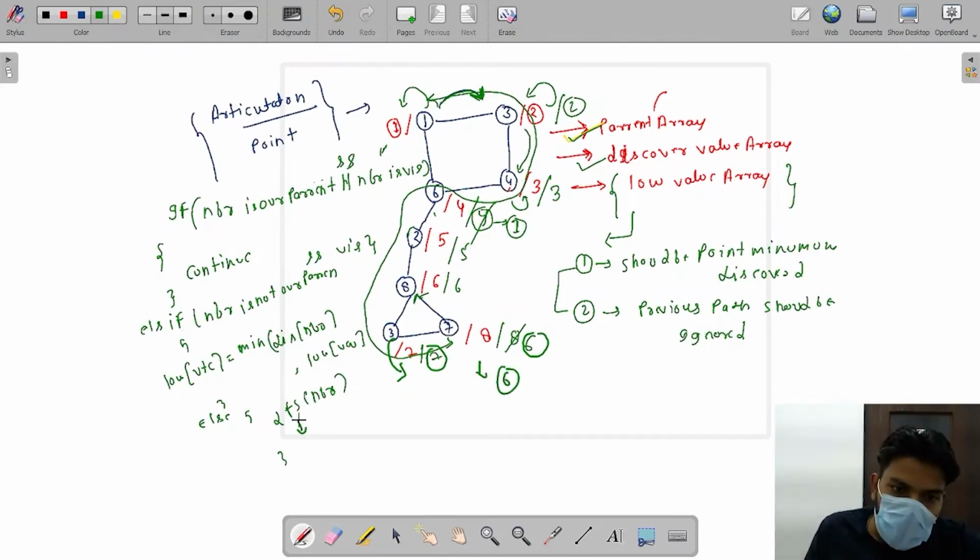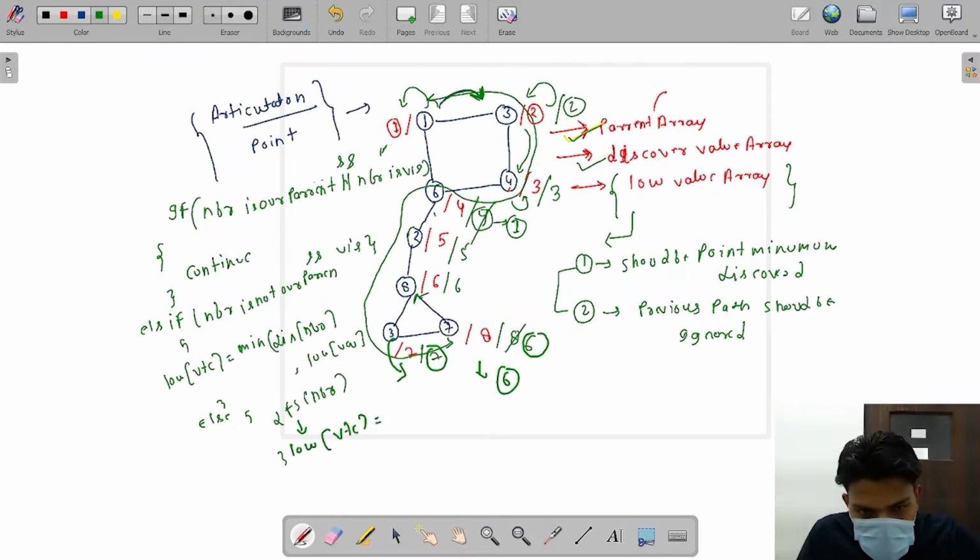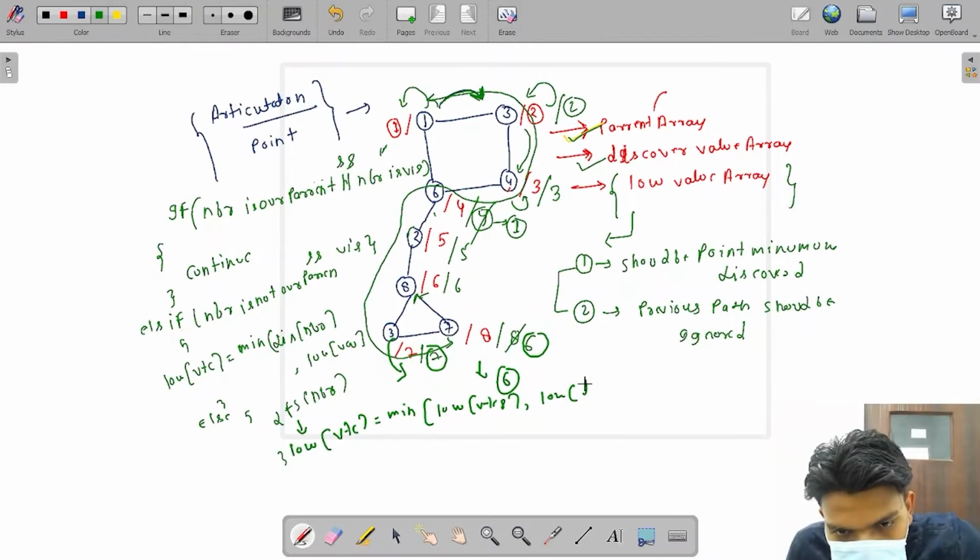So at the post order of DFS we update the low value, which is the minimum of our low value and the low values of the neighbors.